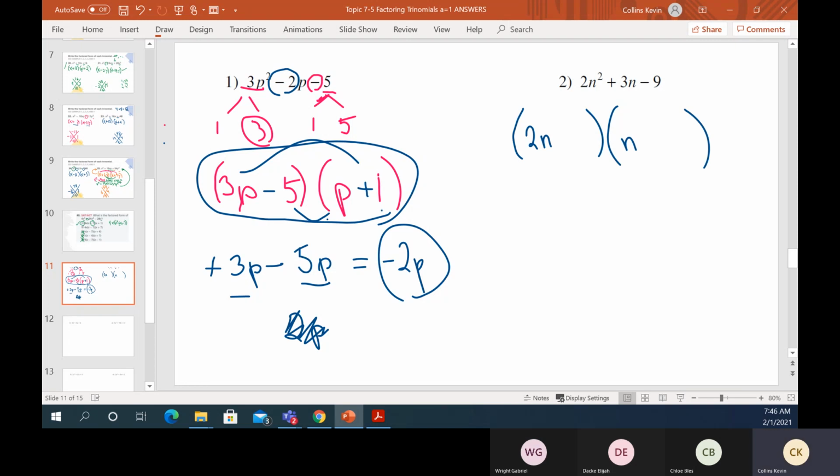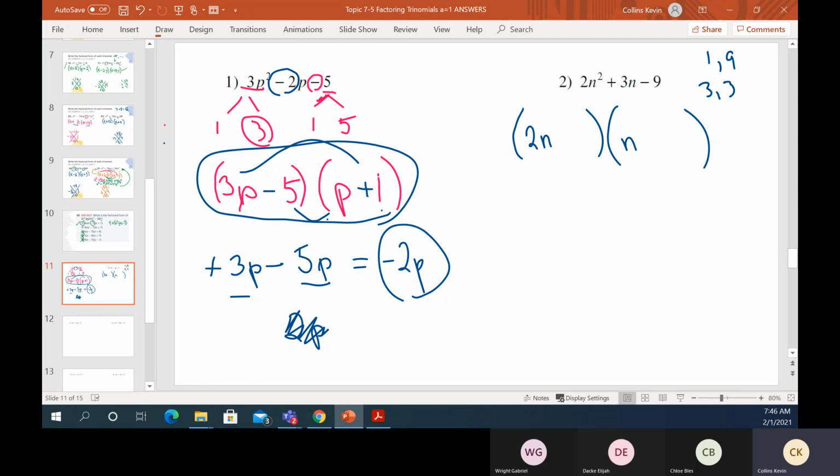All right, so now we know one's going to be plus, one's going to be minus, but we're not sure how that's going to go just yet. Now, the factors of 9, we've got 1 and 9, right? And then we've got 3 and 3.